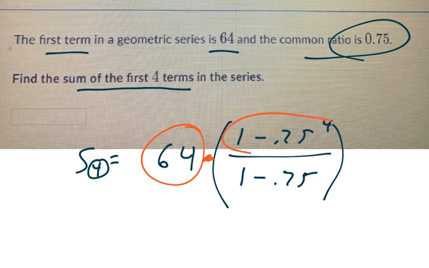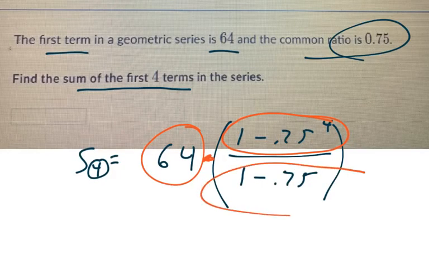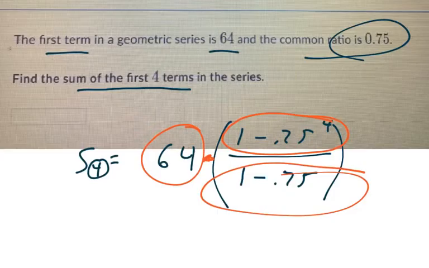And then I put all of this in the numerator in parentheses: 1 minus 0.75 to the 4 in parentheses. And then I divided, because we're dividing here, right? And I want to keep that together, so I used the parentheses for 1 minus 0.75. And if you do that correctly with parentheses, guys, you get the answer. 175. So the correct answer is 175.